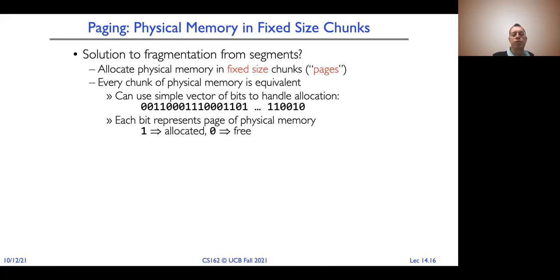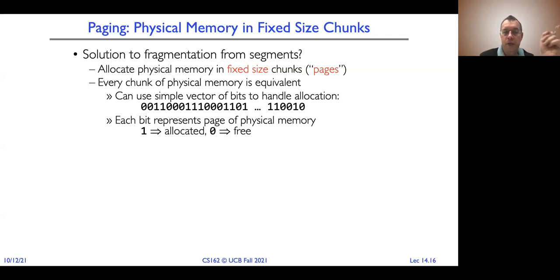So every chunk of physical memory is equivalent, it has the same size. And this can allow you to simplify a lot of things. For instance, how do you handle allocation? One way is to have a bit vector, and each bit in the vector represents one page.